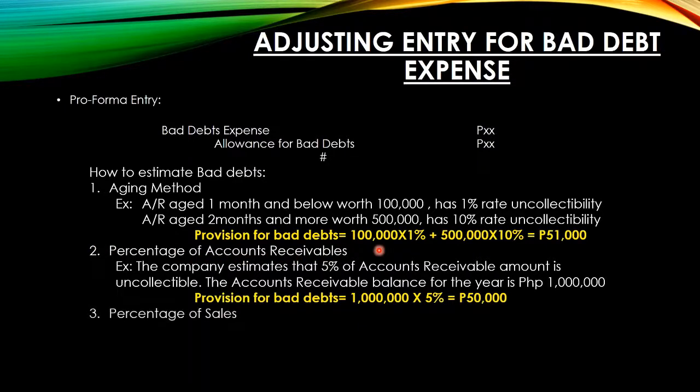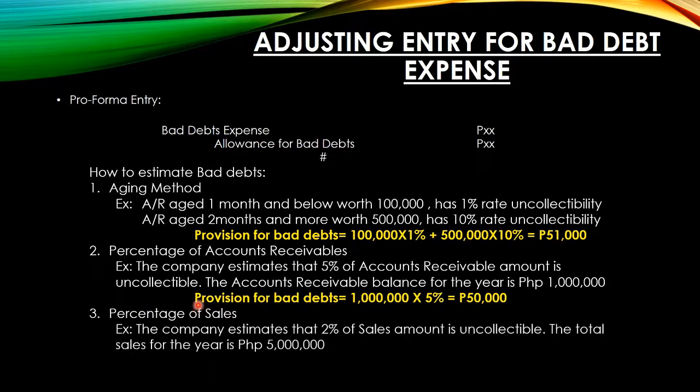And the third method is the percentage of sales. Same with accounts receivable, it's just that the basis for the third method is the sales amount. Okay? So, the company, for example, has sales of 5 million and the uncollectibility rate is 2%. So you will just multiply 2% to the amount of sales, 5 million.